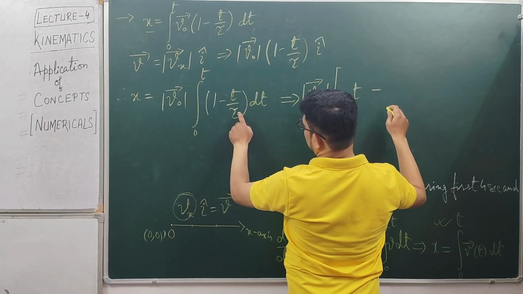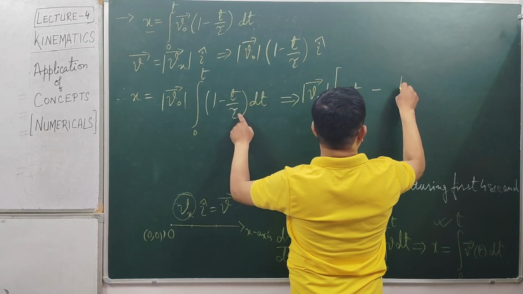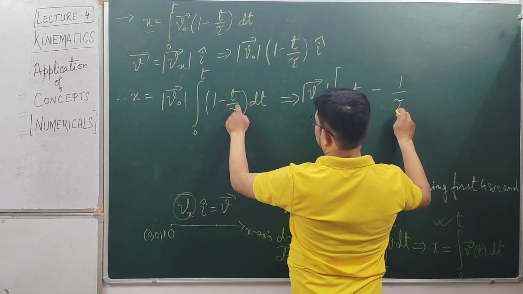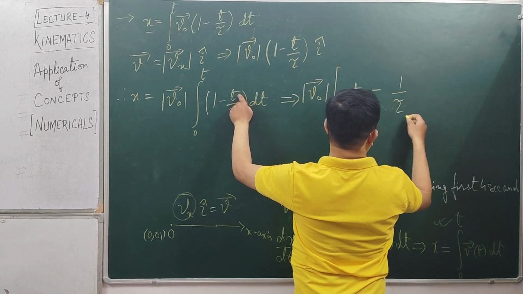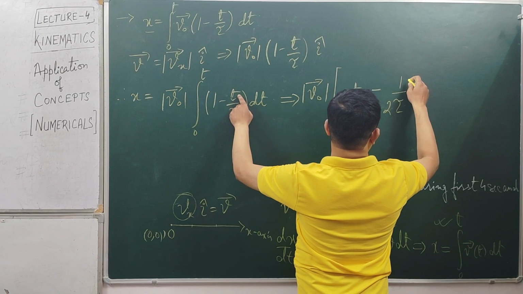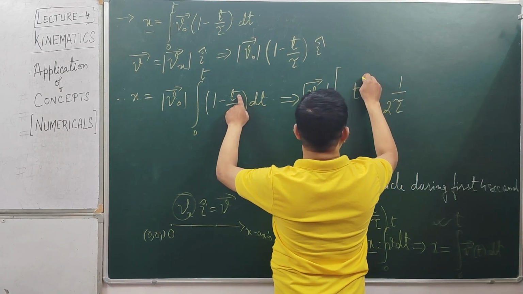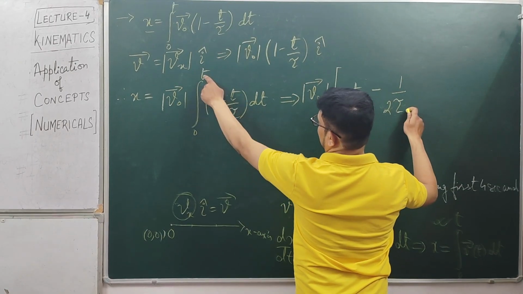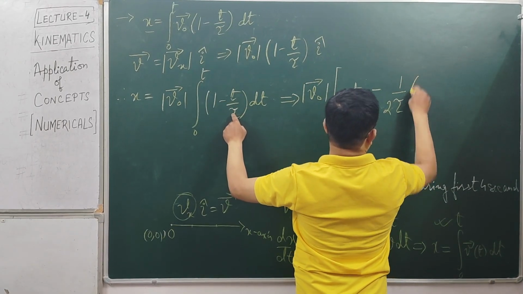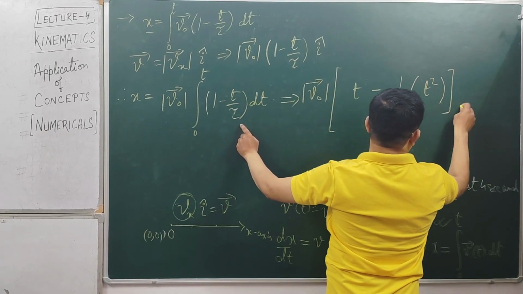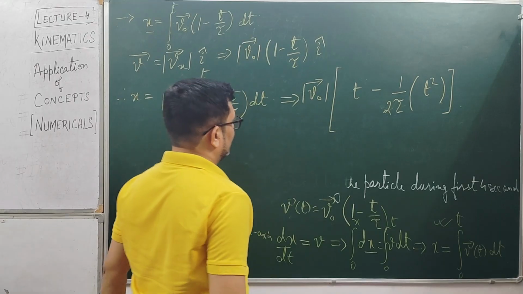And 1 over tau, this tau is also constant, so we can take it out, so it will be 1 by tau out, and when we integrate t, it will be t square by 2. So we'll take 2 out, and then we apply the limits from 0 to t, so here it's just t, and here it's going to be t square under the bracket. This is what we get finally.